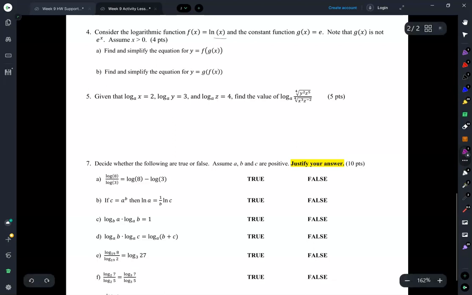So for number 4, consider the logarithmic function f of x equals ln x. So that's the natural log, and the constant function g of x equals e. Note that g of x is not e to the x. Okay, assume x is greater than 0. And so what you want to do for this one is just to show what this is.